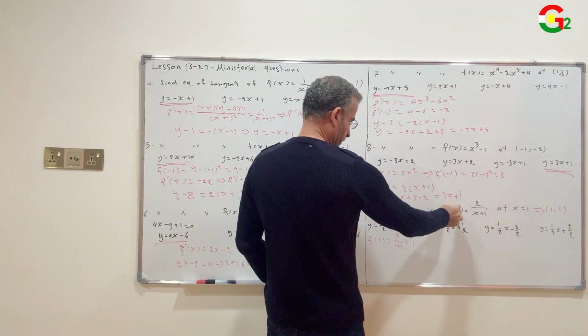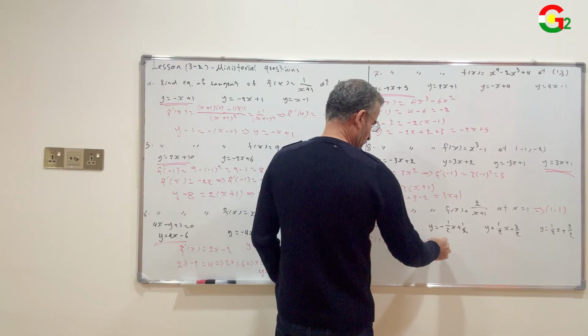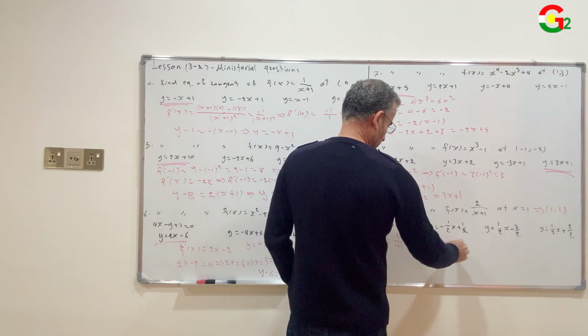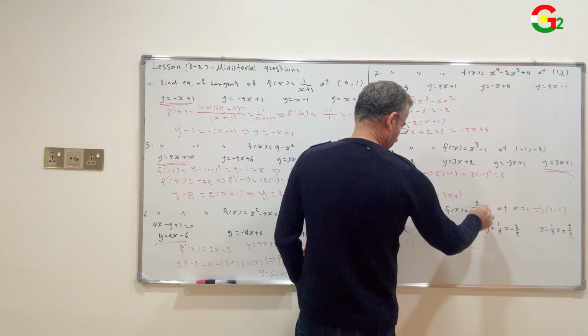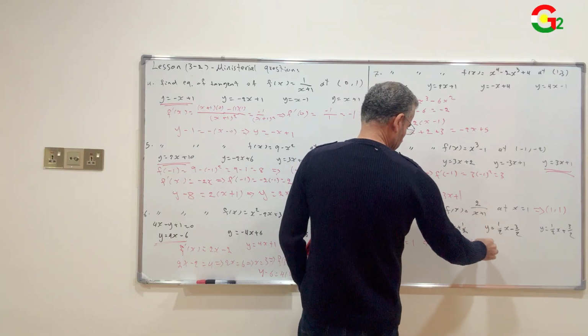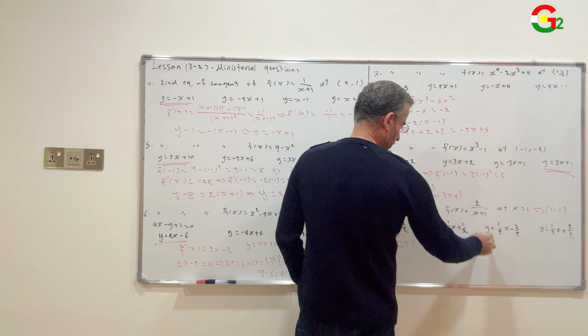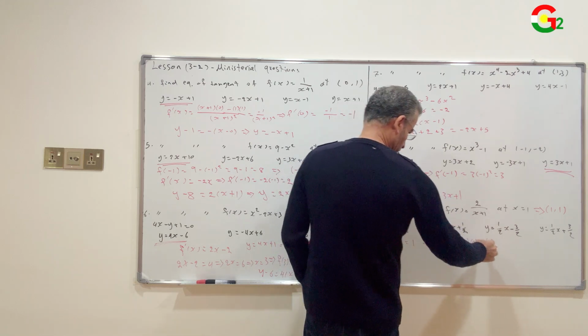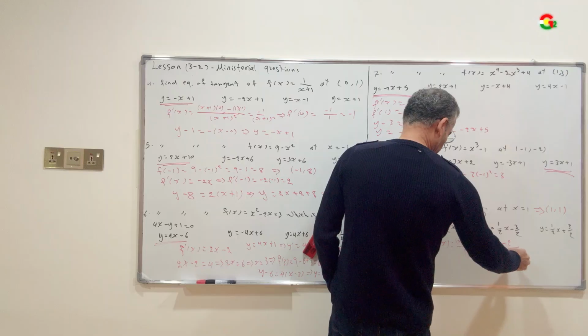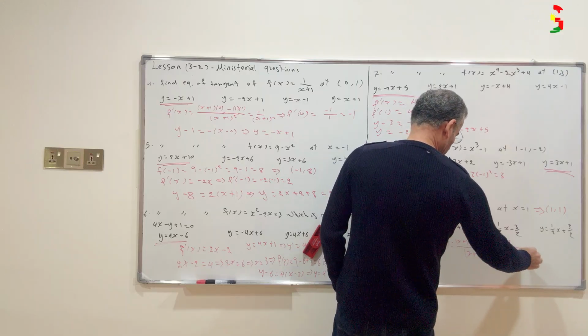The slope: differentiate this function. f'(x) equals (x plus 1) times the derivative of 2, which is 0, minus 2 times the derivative of the denominator, 1, over (x plus 1)^2, equal to -2 over (x plus 1)^2.